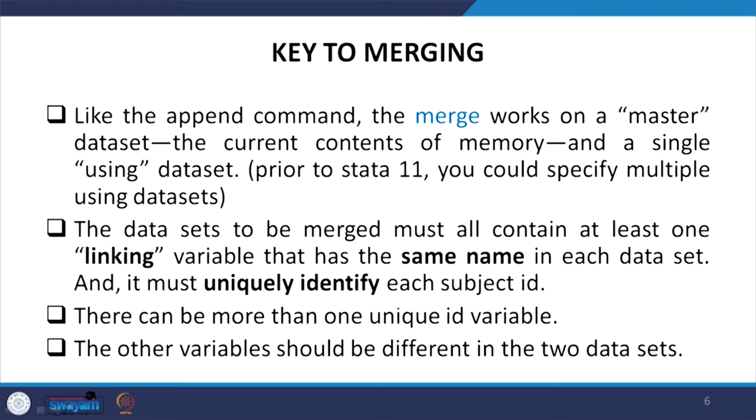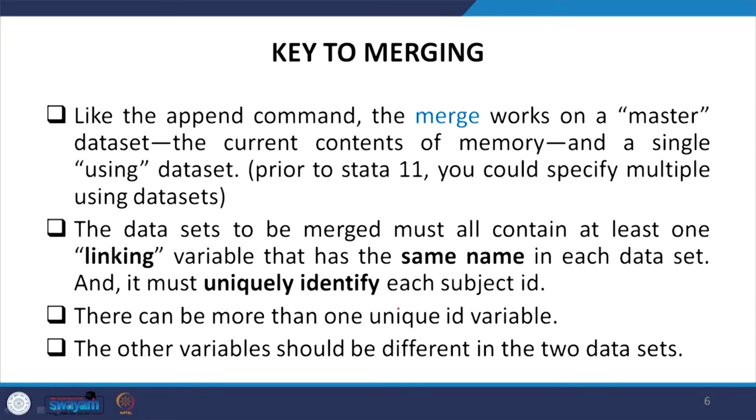The data sets to be merged must all contain at least one linking variable that has the same name in each data set, and it must uniquely identify, like that particular variable, if it is uniquely identified, that means it can be represented in all the merging data sets. Then only it will recognize that yes, this information can be extracted, can be added from another block.